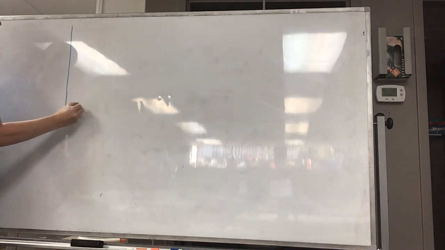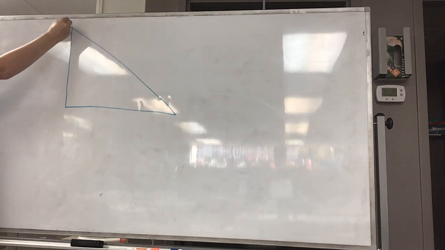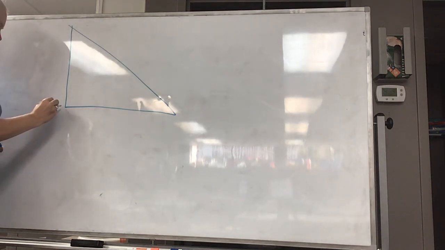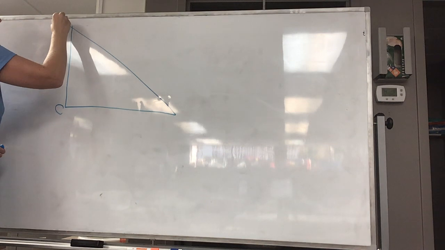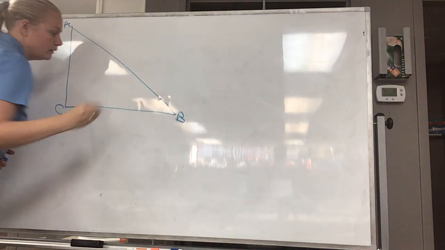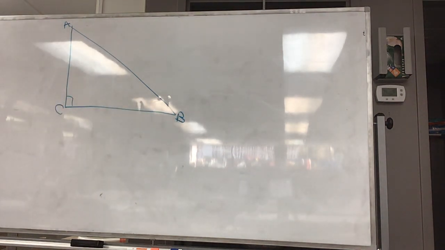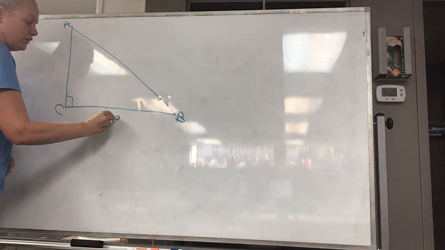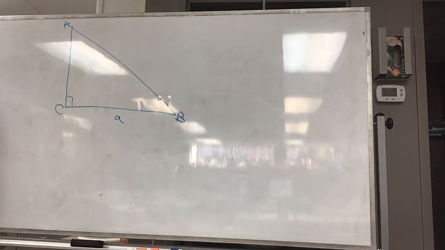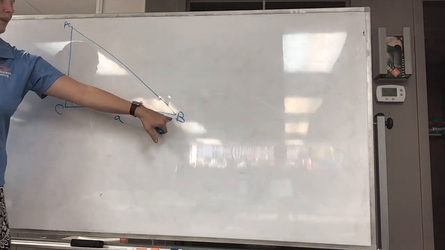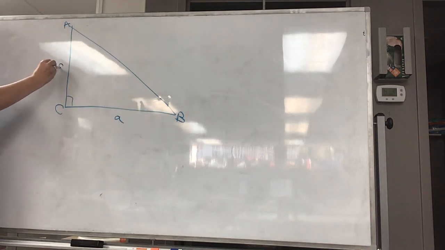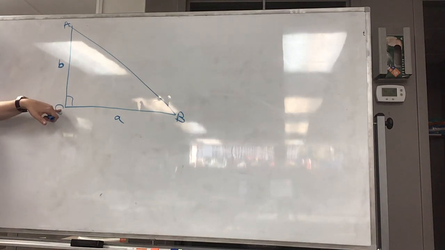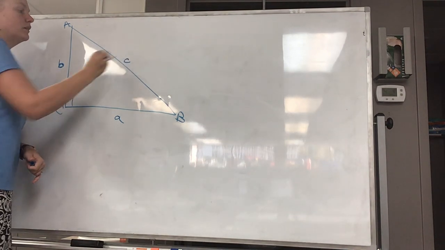So, this is the standard right triangle. Remember, angle A, the side across from it is known as little a. Angle B, the side across from it is known as b. And C is known as c.